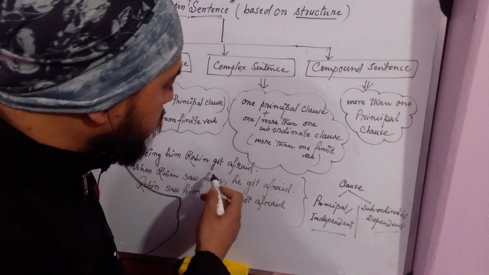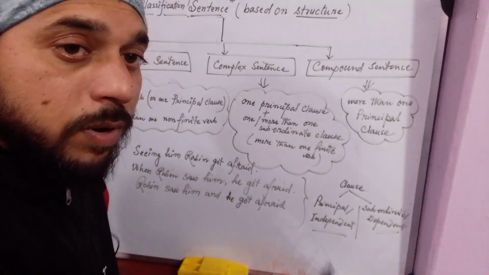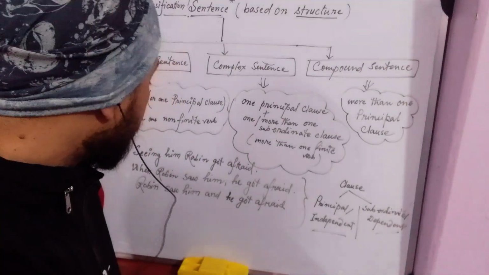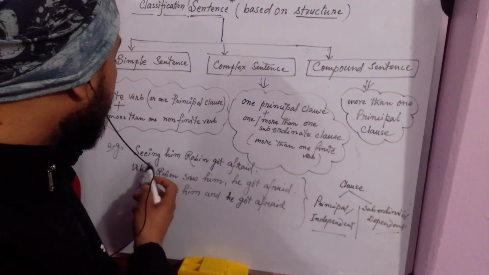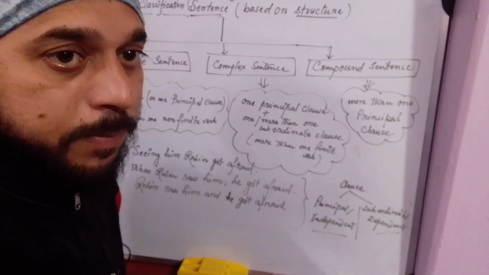If it is in past tense, then the verb will change. If the subject is in third person singular number, then the form of the verb will change, like that.